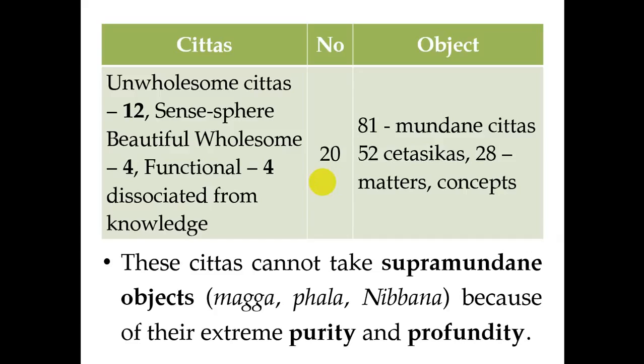So even though we have an unwholesome mental state, we can experience the bliss of jhana, right? But regarding magga, phala, nibbana, you cannot experience the bliss of those supramundane objects with an unwholesome mental state. They are very pure, very profound.